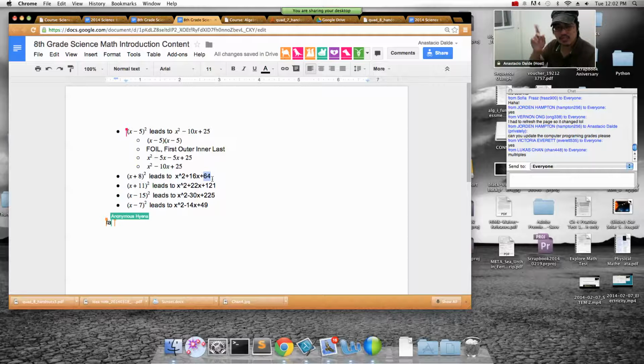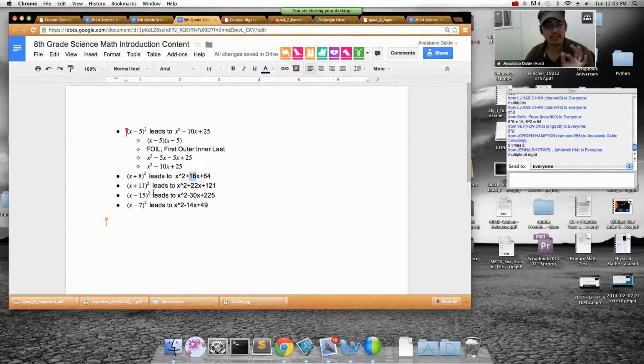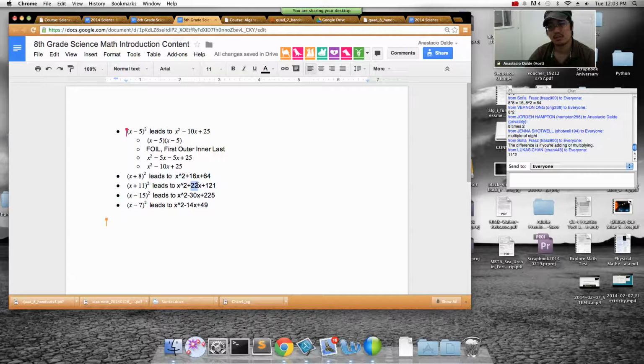They're multiples of each other, that's true. I agree with that. In fact, how is 8 related to 16? In the same way, how is 11 related to 22? 11 times 2, good.